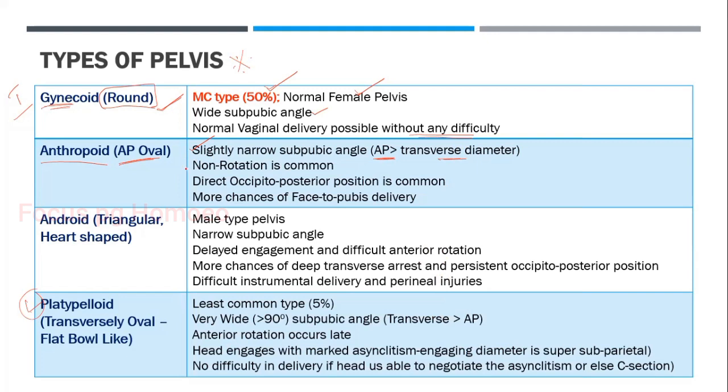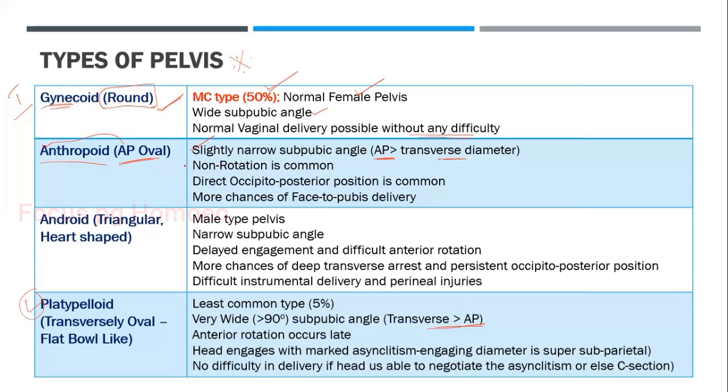It is anthropoid, whereas the transverse diameter measures more than the antero-posterior diameter in platypeloid. So AP oval means anthropoid, AA. Remember AA like this. And AP is more than transverse.